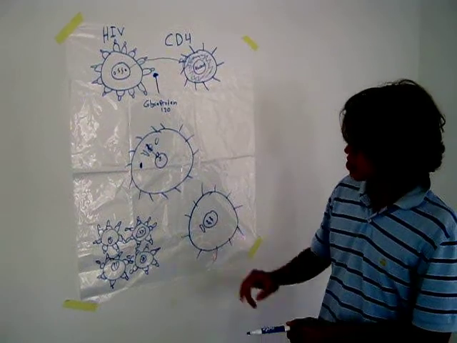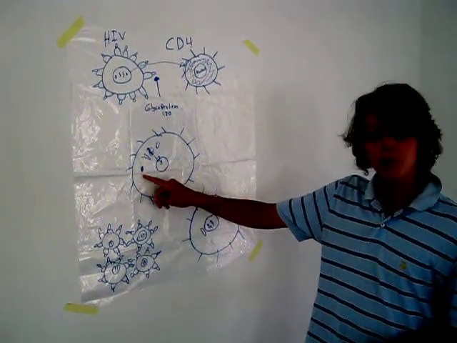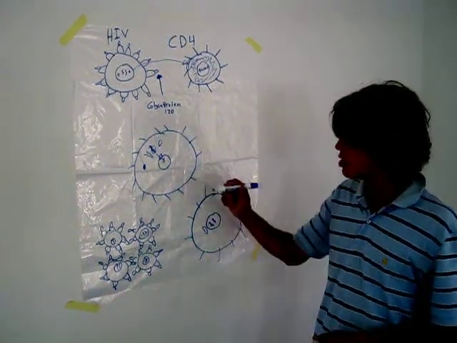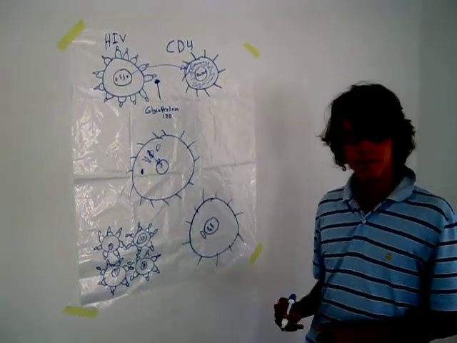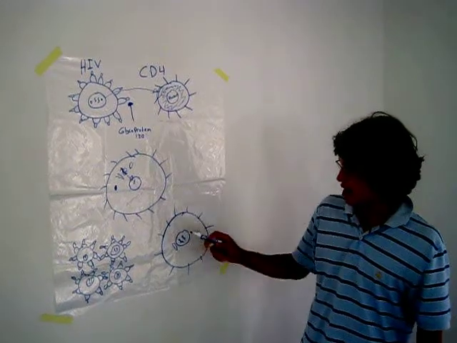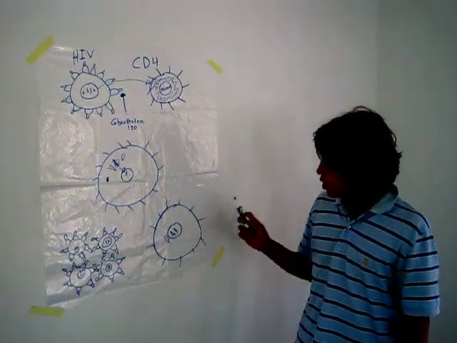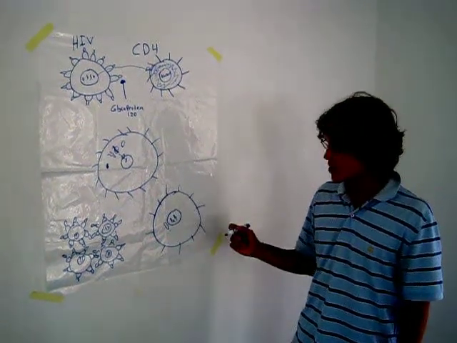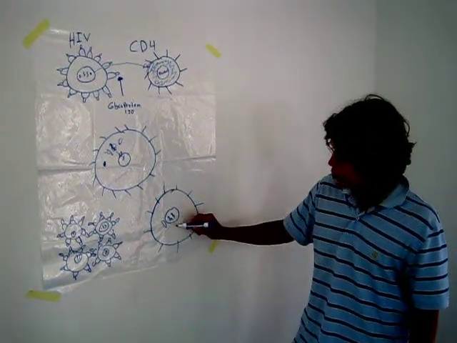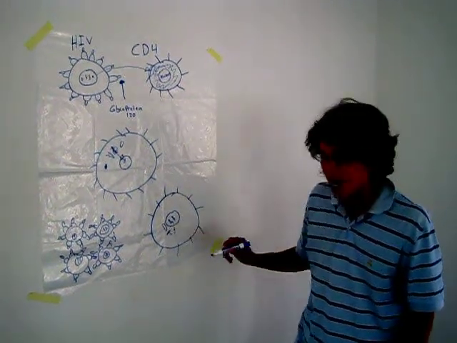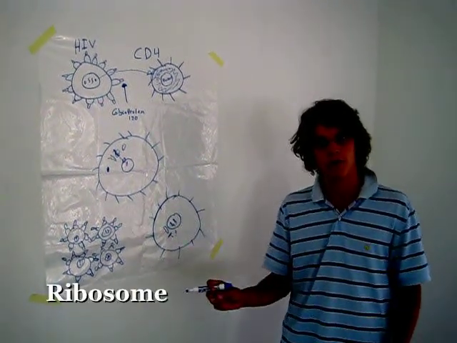In the nucleus, the DNA molecules, with the help of the enzyme integrase, actually integrate themselves into the CD4's DNA. Once the viral DNA is integrated into the CD4's DNA, a DNA transcriptase enzyme forms this RNA molecule that actually heads straight to a tiny organelle called the ribosome.